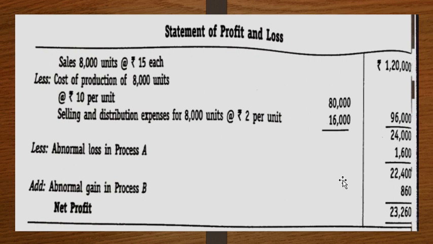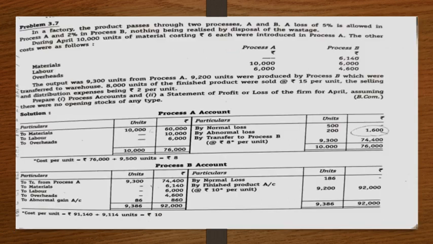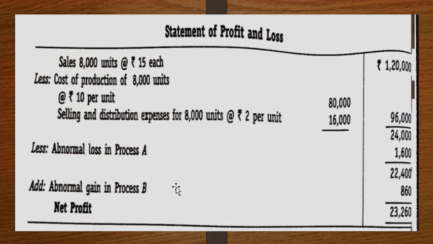Now in the problem, you need to check whether you have any gain. Yes, you have abnormal gain in process B. How much is the amount for your abnormal gain in process B? It is 860. So in the profit and loss, we will add that abnormal gain to know the exact profit that you are getting. So you will add 860, and you will be getting 23,260.